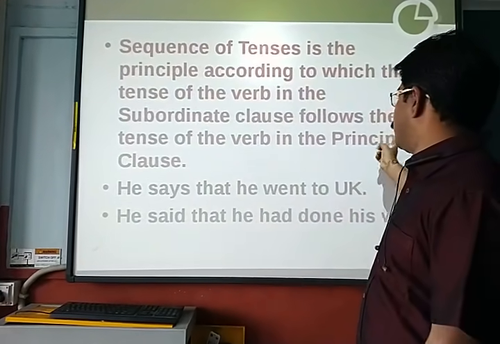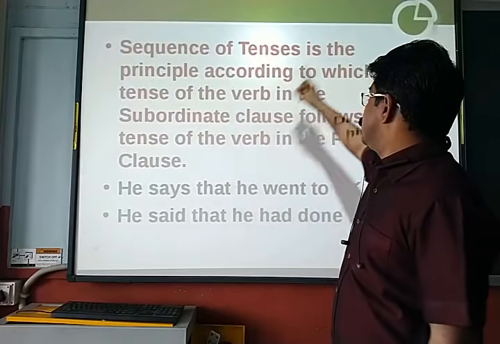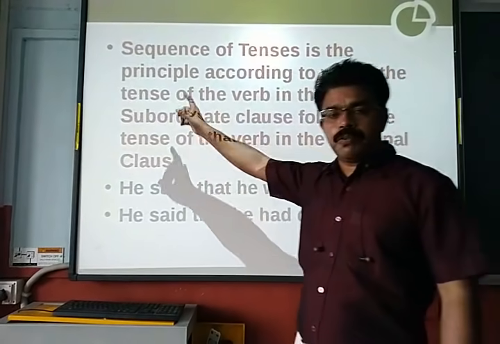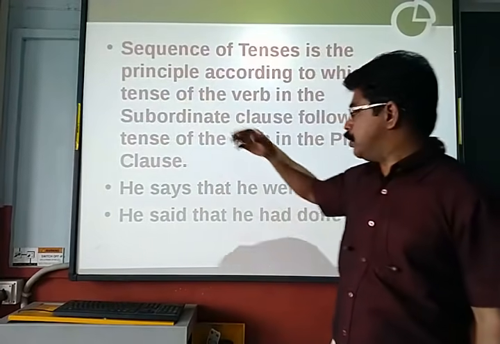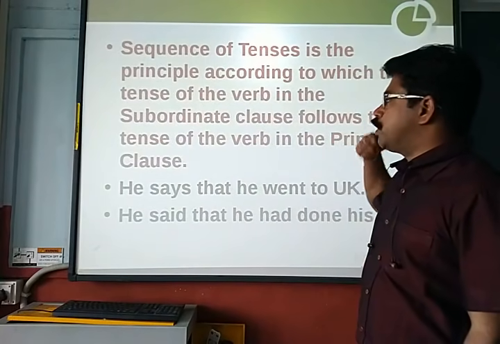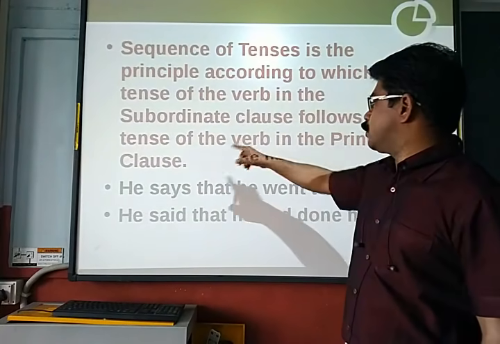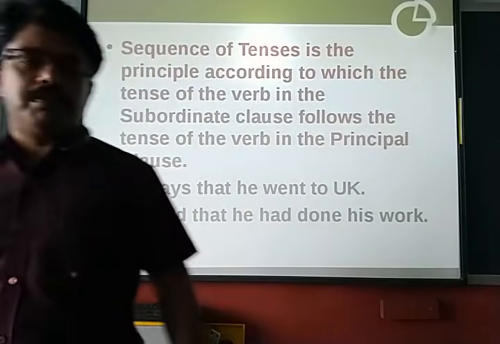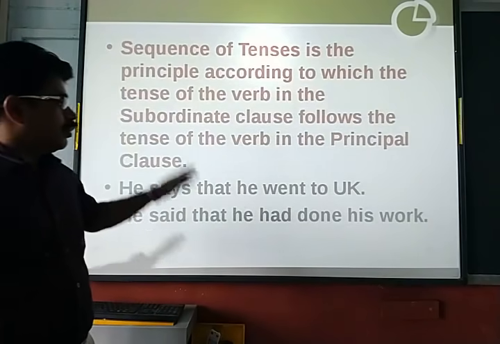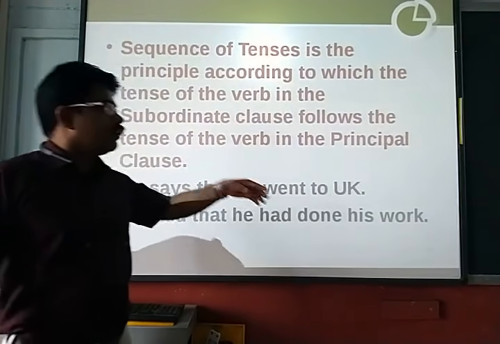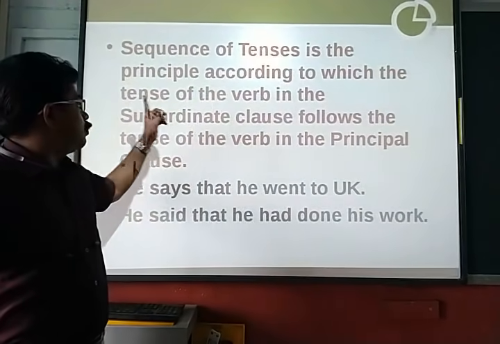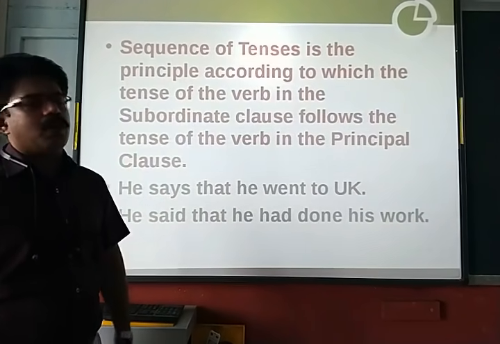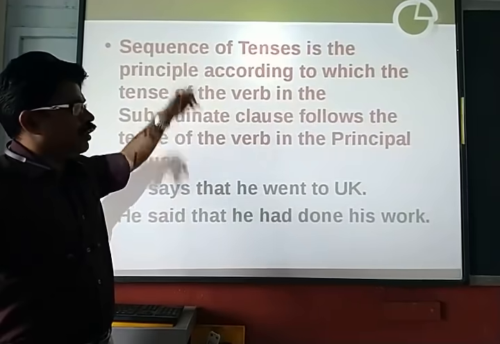Here you get principal clause and subordinate clause. So what tense should be followed in the subordinate clause will be decided by the principal clause. What is the tense used in the principal clause? Accordingly you have to follow the tense in the subordinate clause. That is basically what we are going to see.